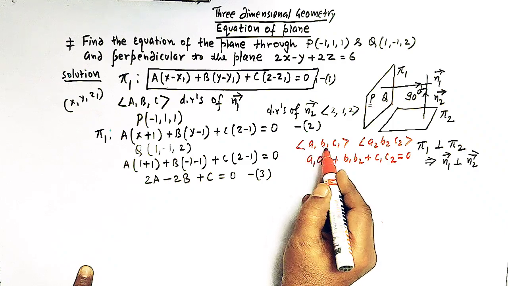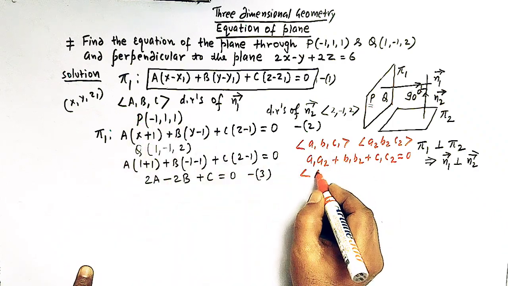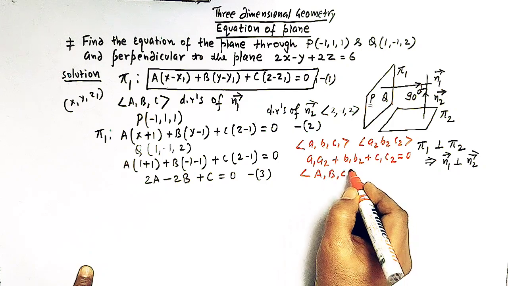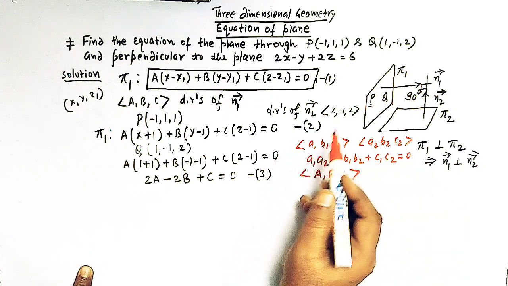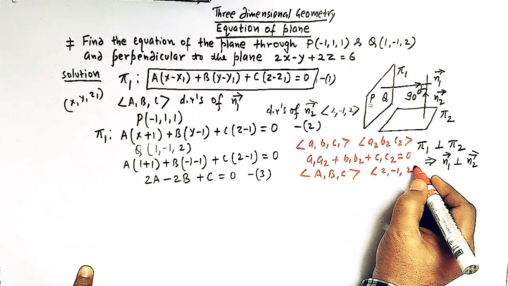So here a1, b1, c1 may be taken as a, b, c, and a2, b2, c2 may be taken as 2, -1 and 2.